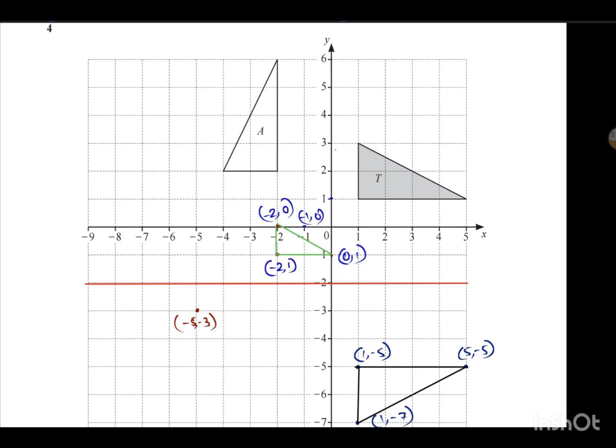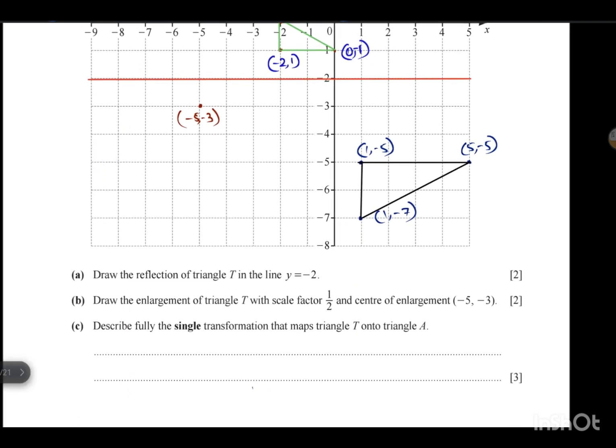And one more mistake students, I have done here: this coordinate is 0, -1, not 0, 1. The coordinate of the enlarged triangle, I wrote it as 0, 1 before. It is wrong, it is 0, -1. And let me describe the transformation here.